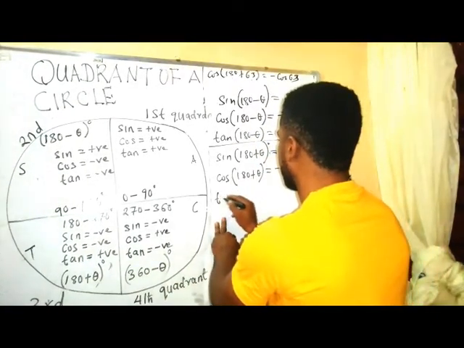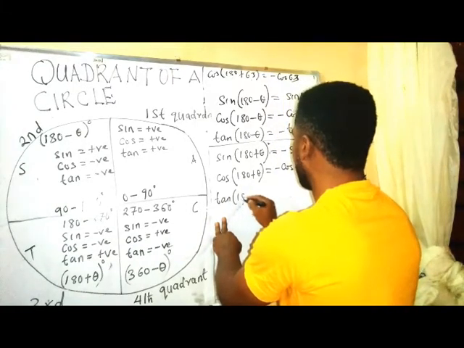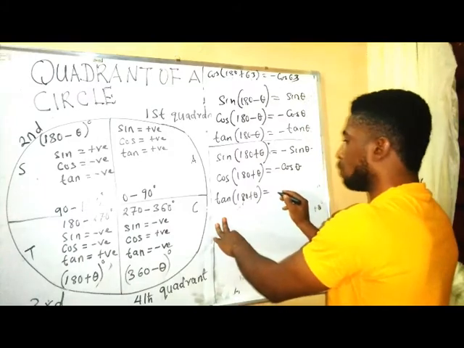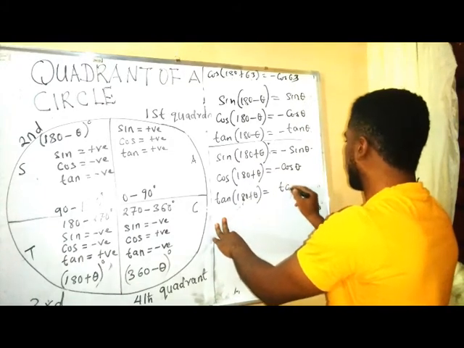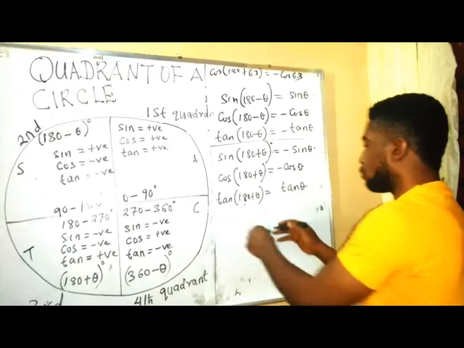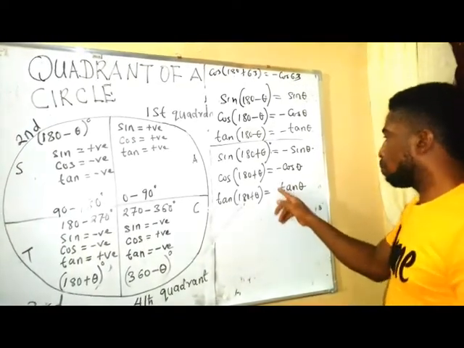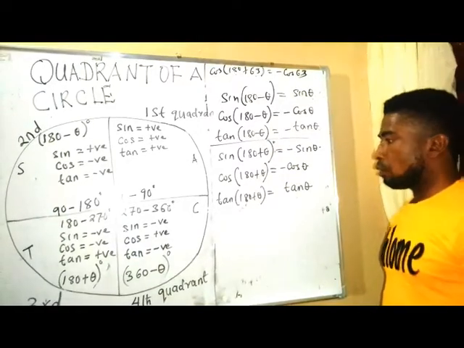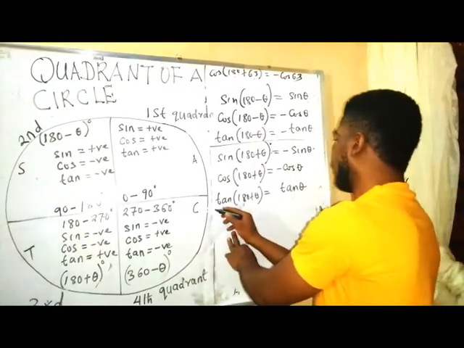Tan 180 plus theta will give you tan theta. Notice that this tan is positive, because tan is positive. So this is what I will have in my third quadrant.